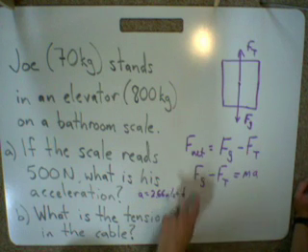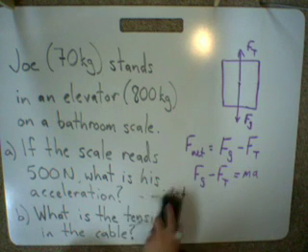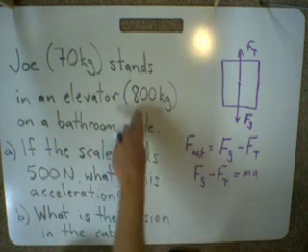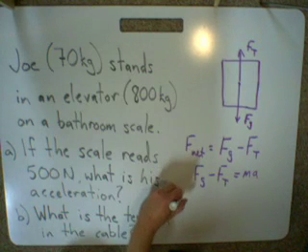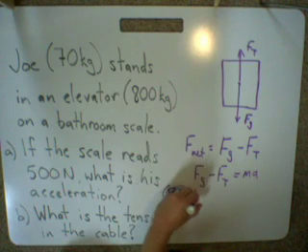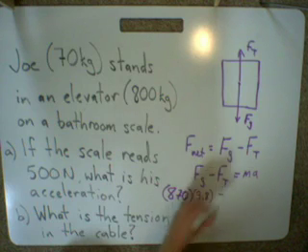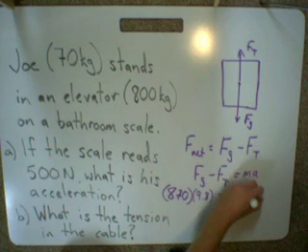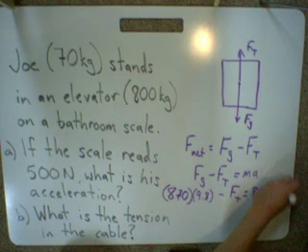And now this time, my Fg is going to be 870 times 9.8. So 870 kilograms times 9.8, because Joe is in the elevator, minus my Ft equals 870 times 2.66.